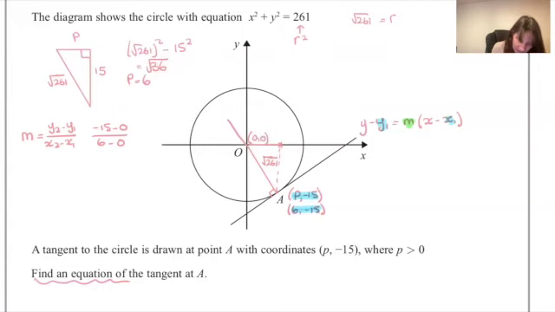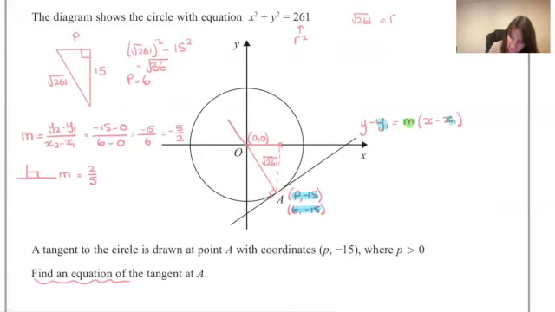This is going to produce minus 15 over 6, which is going to be minus 5 over 2 when I divide it through by 3. So my perpendicular gradient is the opposite sign reciprocal. So that is going to give me 2 over 5.